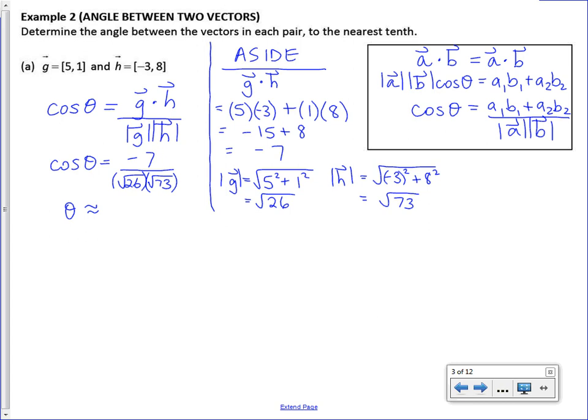So negative 7 divided by bracket. I put the extra brackets here. This is correct, but you don't even need them. If you wrote just the 2 radicals next to each other, it's understood that they're being multiplied.